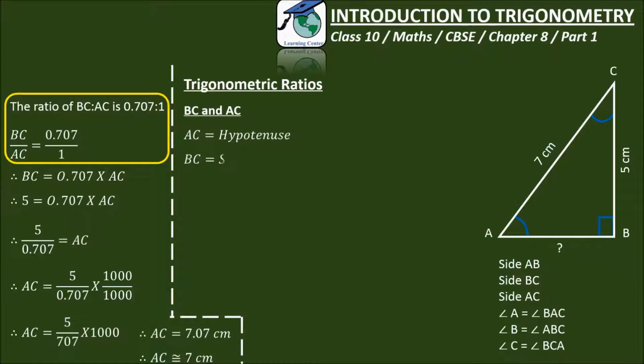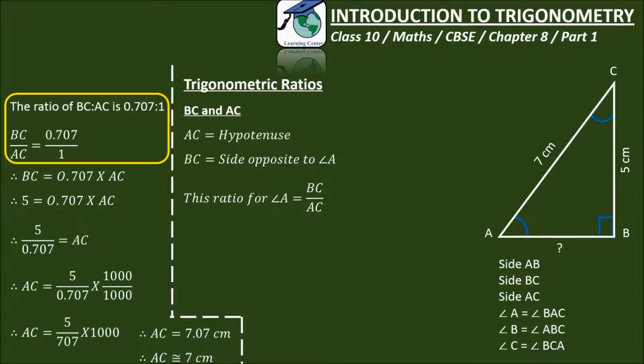Now what I will do, I will try to relate this ratio with this angle A. So this ratio for angle A is equal to BC upon AC. What is BC here? BC is side opposite to angle A, and what is AC? AC is nothing but hypotenuse.